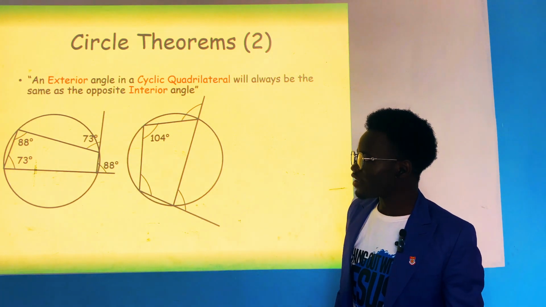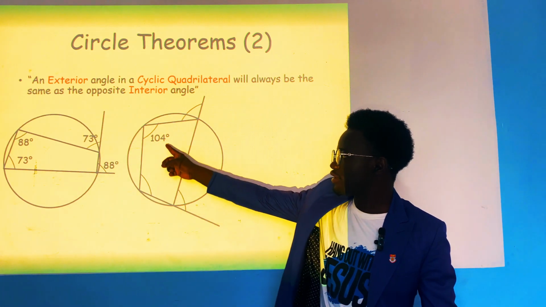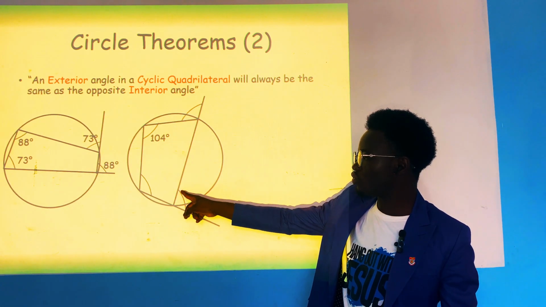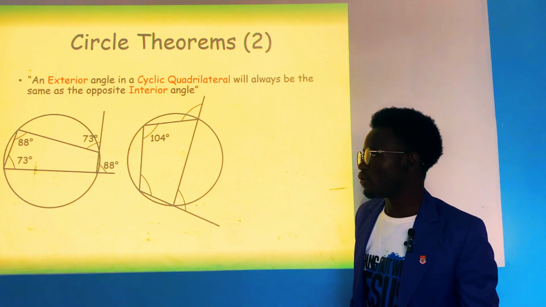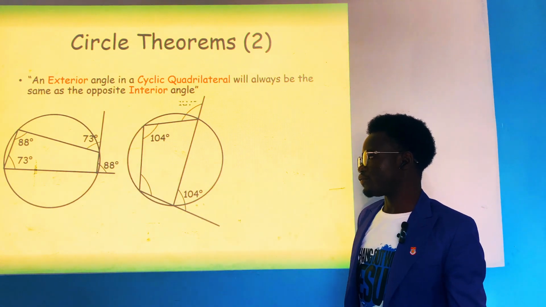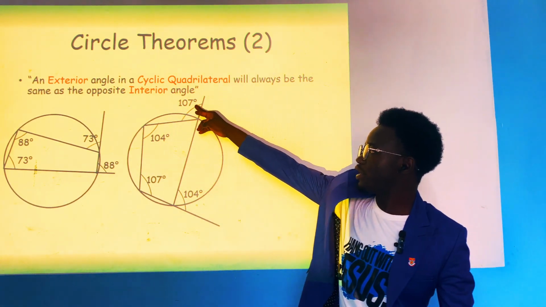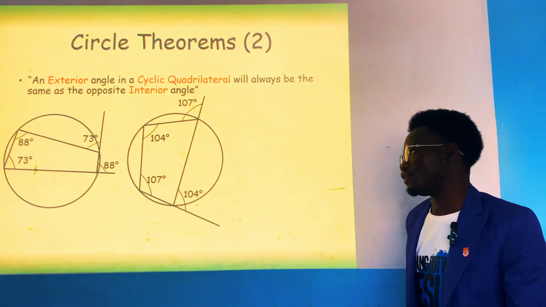You can see that. That's why the property says that this angle here is equal to the exterior angle over there. So here is also 104. If I know the exterior angle, then it's the same as the one inside here.